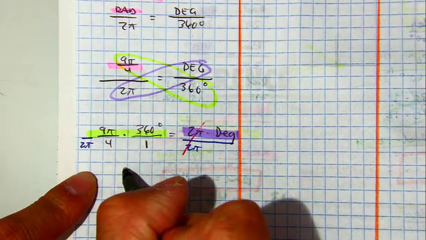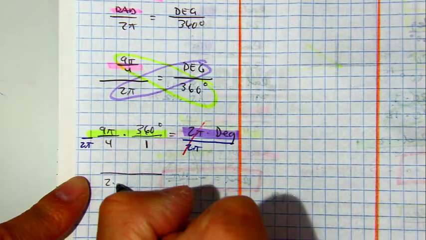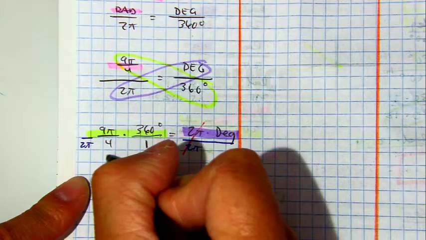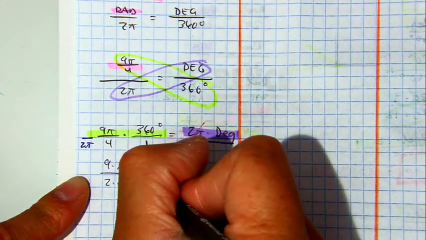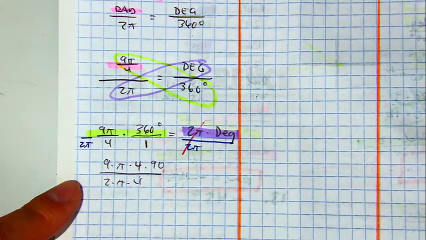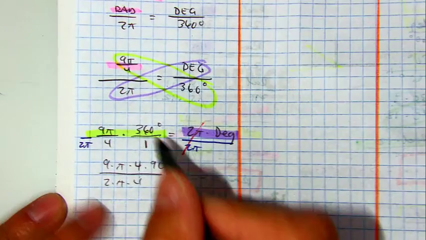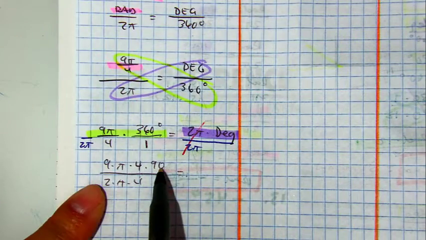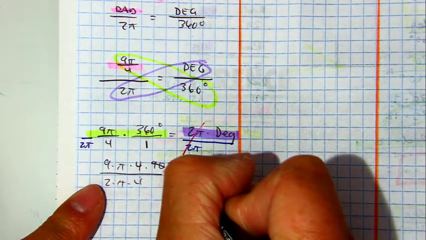I can kind of cheat and see what's below. So I have 2 times pi times 4, and I have 9 times pi. I want to get rid of that 4, so I'm thinking of 4 times 90. Does that help? And that 90 can turn into what? 2 times what? 45.